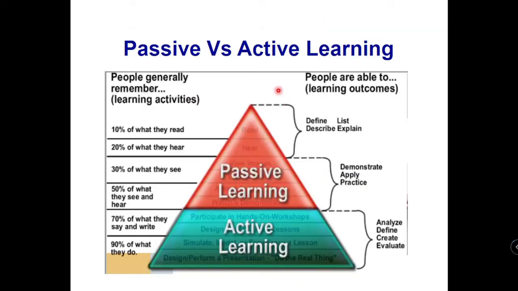This is the difference between passive and active learning. The memory level and understanding level are passive learning. When we give activities, we reach the reflective level. We expect more learning outcomes from this active learning. We give more opportunity to the learners to do the activity while teaching in the classroom.